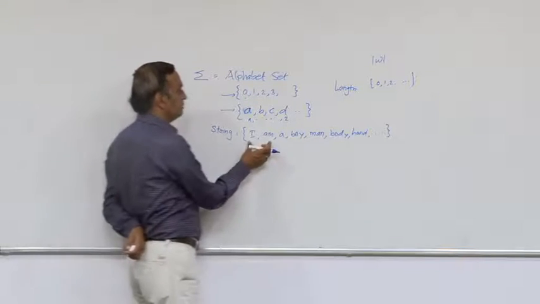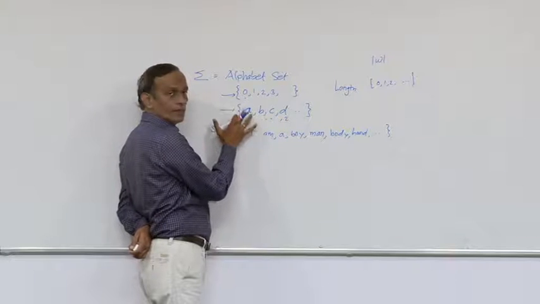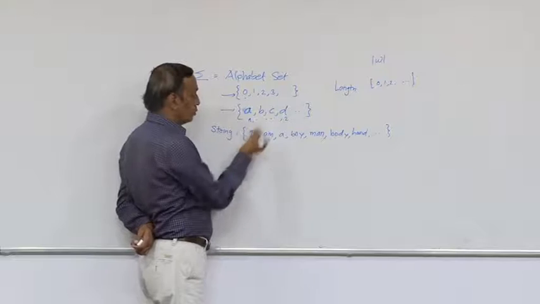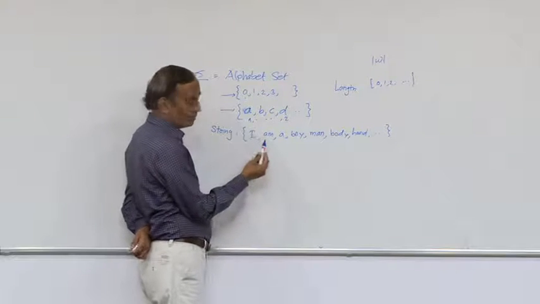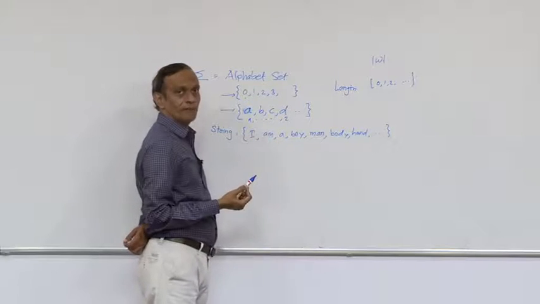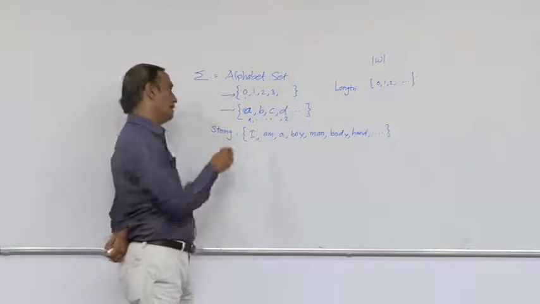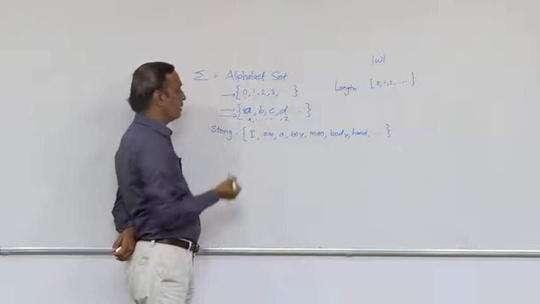So I can have multiple such strings generated. These may be considered as a valid set of words which can be generated from capital A to Z and small a, b, c, d as well. I have restrictively taken these strings with the words that can be found in the English language. But what about the strings which can be generated from this particular set but are not part of the English language?